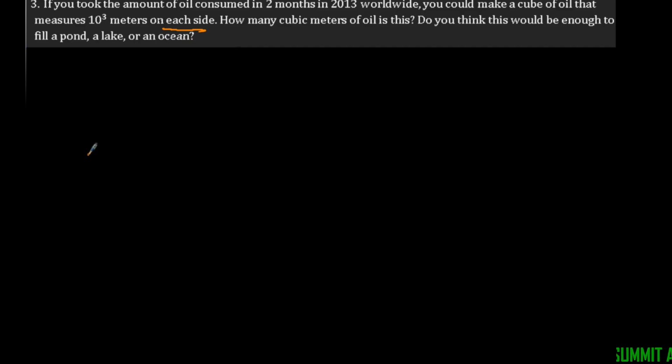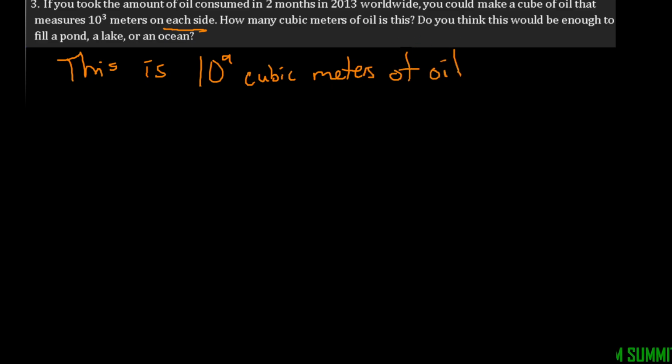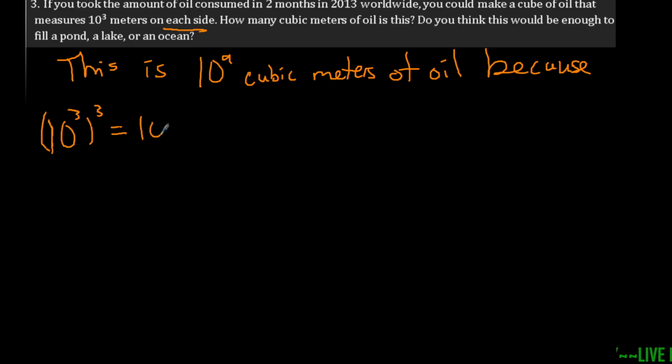So what we could do is this. This is 10 to the 9th cubic meters of oil, because we can say, if we wrote it like this, 10 to the third power raised to the third power is going to be the same as 10 to the 9th power, because similar to how we did the volume before, we are multiplying it by itself 3 times.